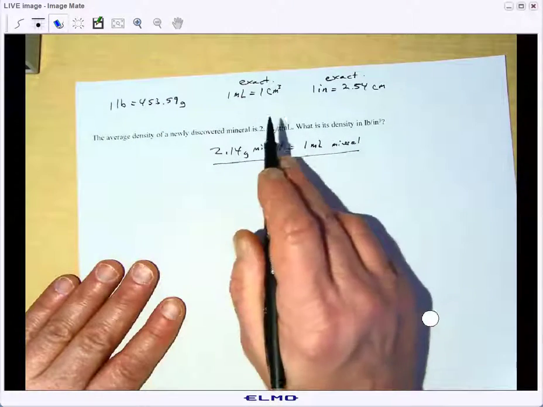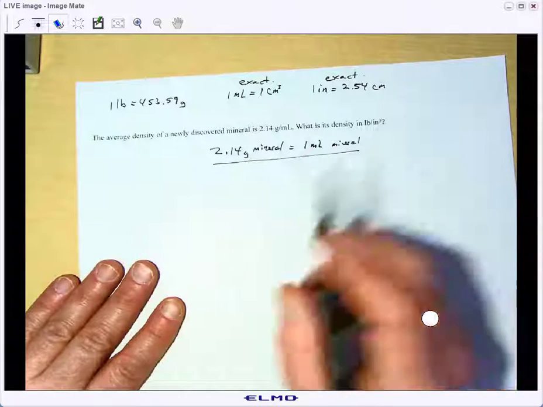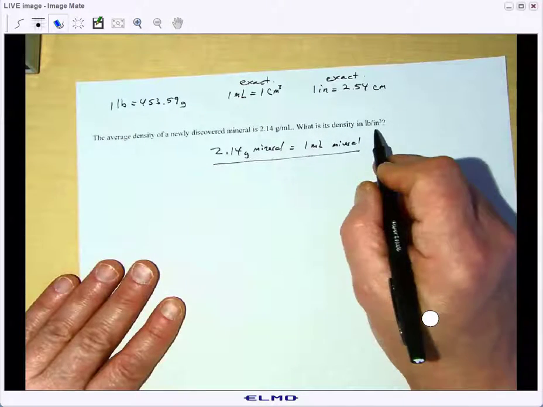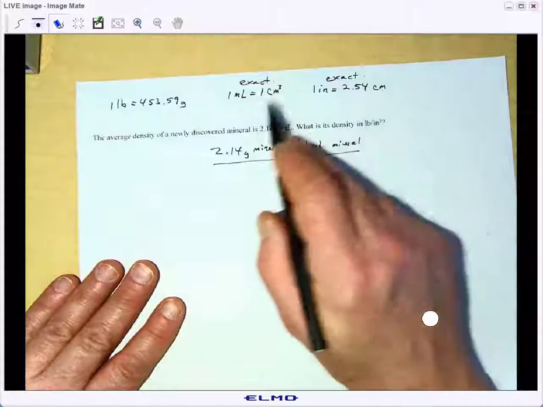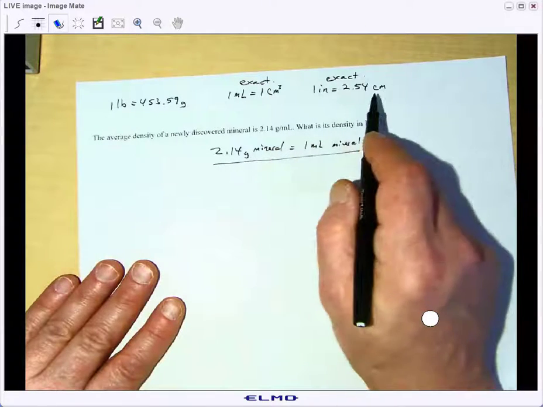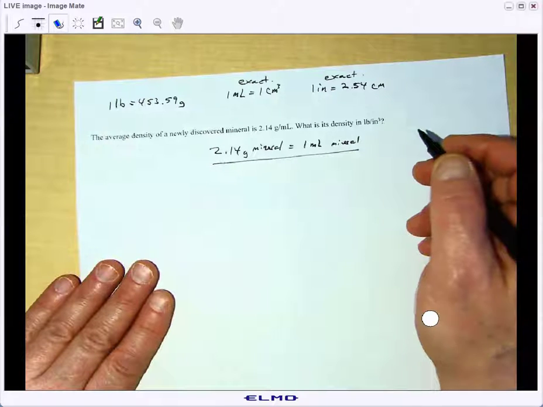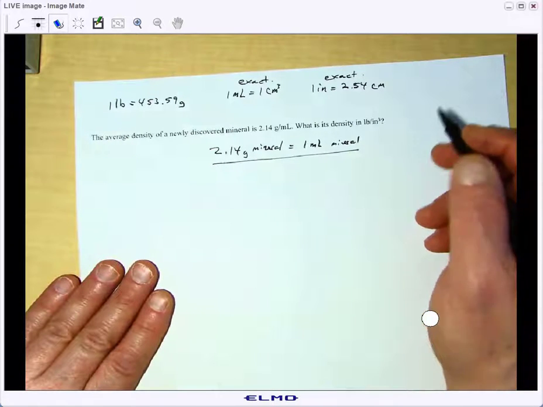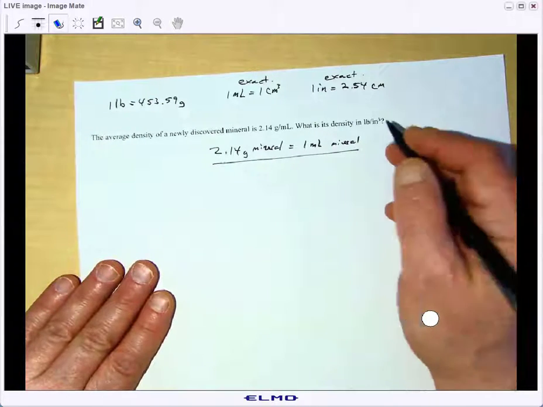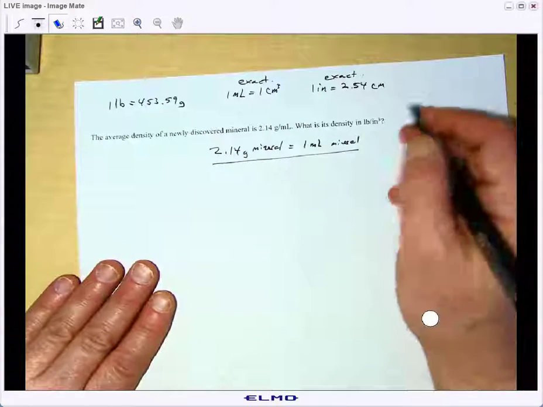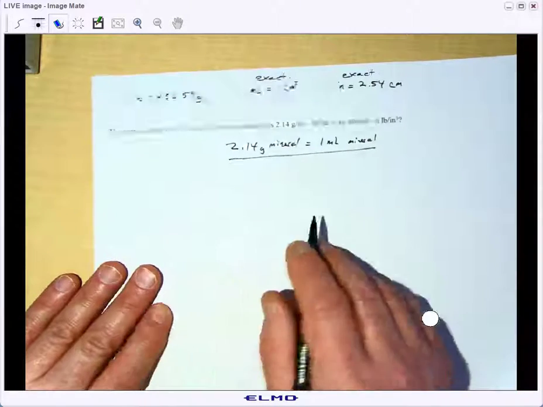So there's our conversion factors. Oh, this problem was supposed to go to cubic feet, but we'll just leave it in cubic inches instead. That's how it goes. All right.